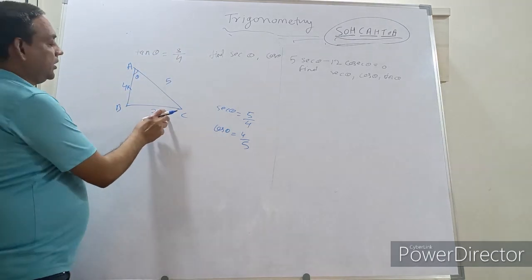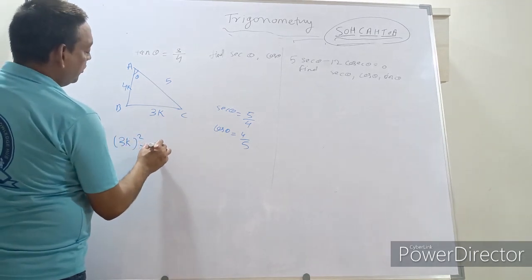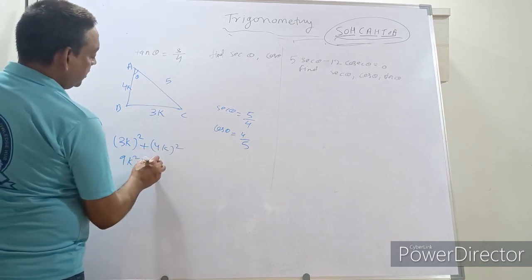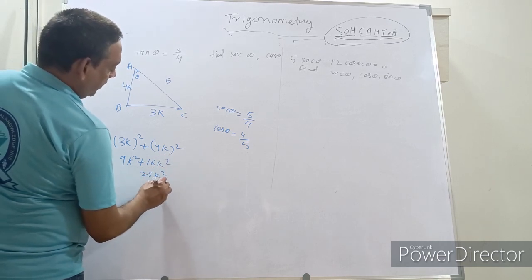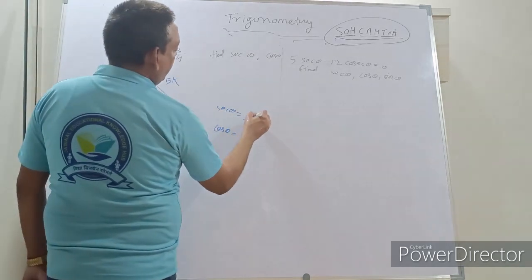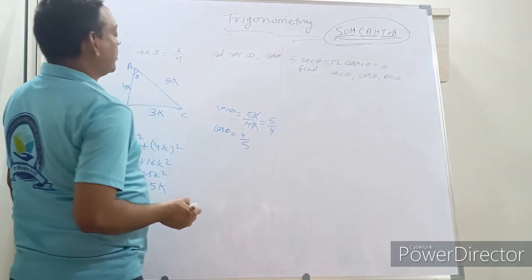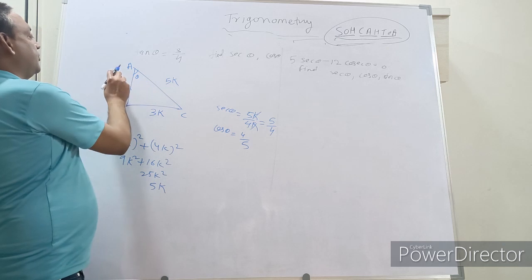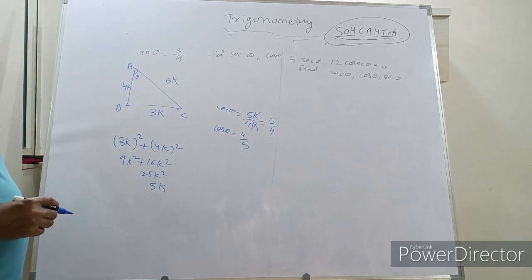So this becomes 3k and this becomes 4k, so 3k square plus 4k square is 9k square plus 16k square, that becomes 25k square, which is 5k. Then it becomes 5k upon 4k, k and k get cancelled, and the final answer is the same. Actually, this is not exactly 3 and not exactly 4, it is a multiple of 3 and of 4, that's why we are taking k. So you can do it this way also.